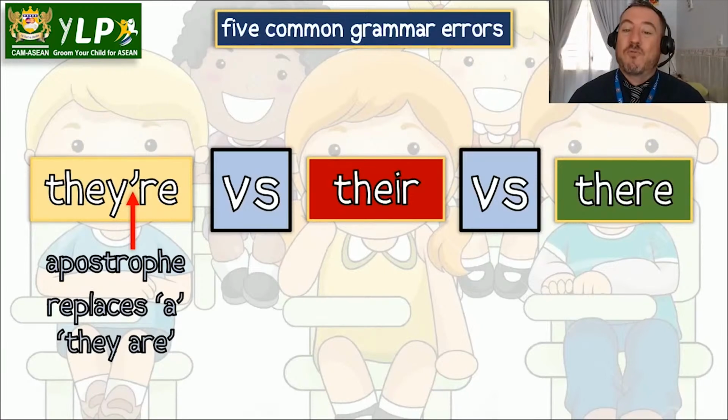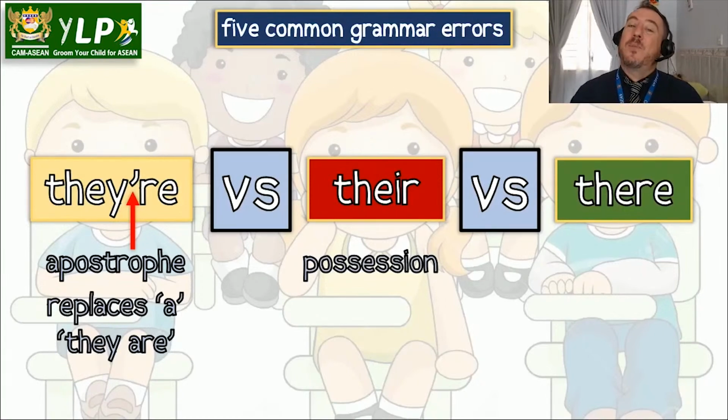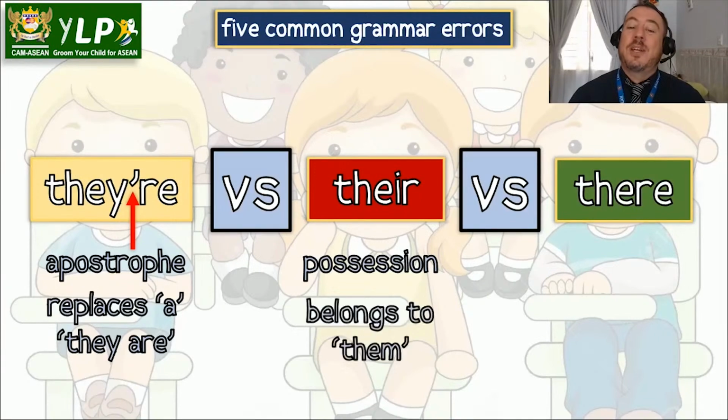Now let's look at the red there. Now that means possession. Okay, again, we've done your and its. Now we're doing their. It's a possession, but this possession is a possession that belongs to them. Okay, whenever we talk about them, we use them to talk about more than one person that does not include ourselves.